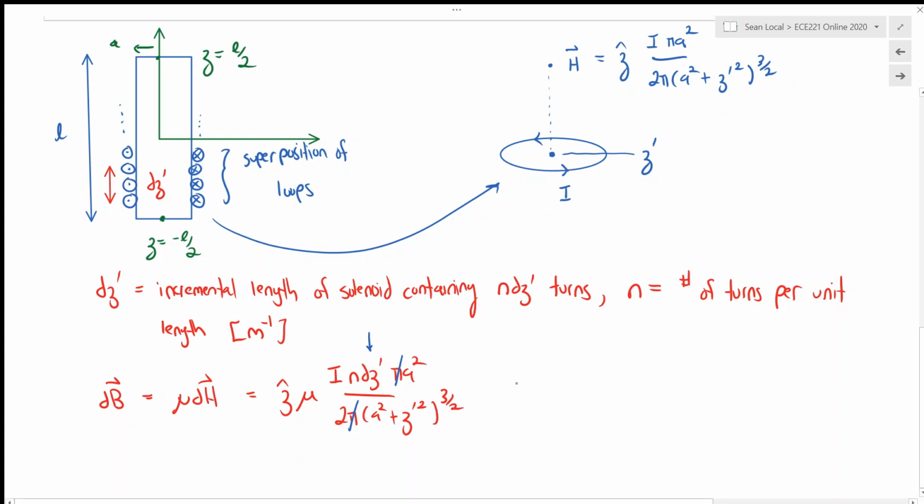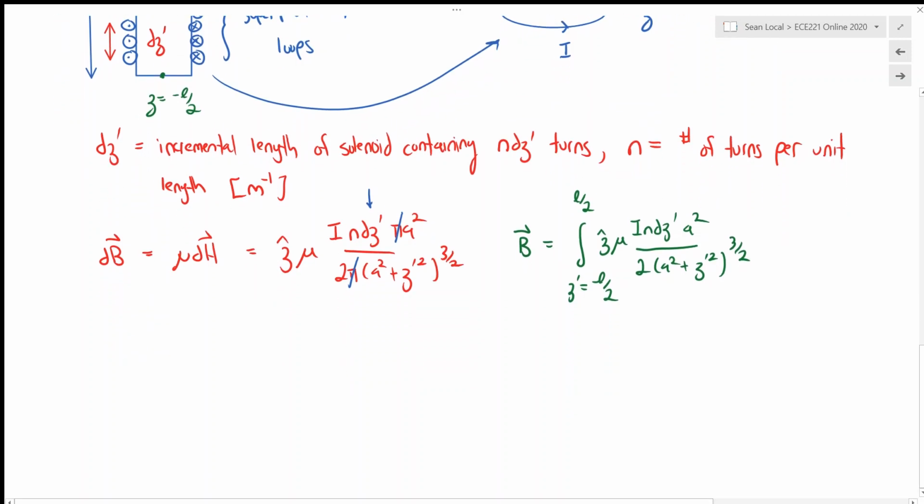So let's write out our integral over here. B is the integration over z prime from minus L over 2 to L over 2, and then we'll write in our integrand here. And again, our pi's have canceled out, so we won't write them anymore. Okay, many of these terms are constant, so we can pull them outside of the integral.